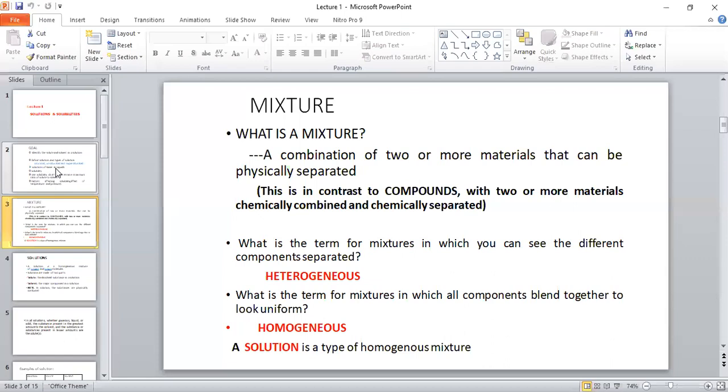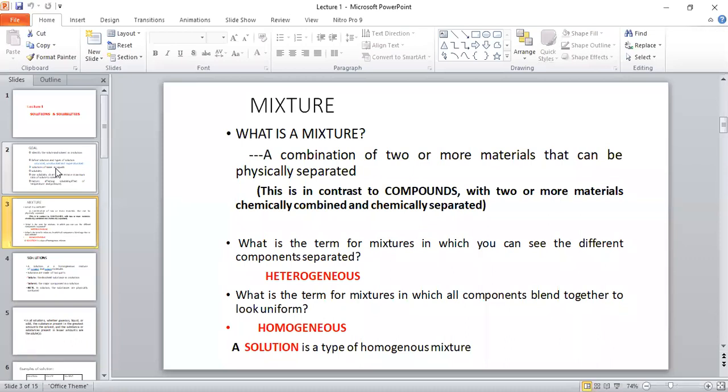First of all, let's look at a mixture. You can stop me and ask questions. What is a mixture? A mixture is a combination of two or more materials that can be physically separated. Of course, it's not like a compound, which has two or more materials chemically combined.